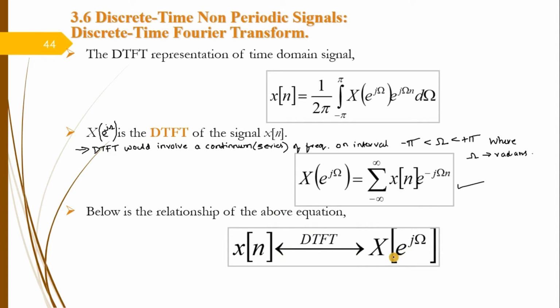By this you should try to identify which particular Fourier representation we are proceeding with. If you represent it in this fashion, then it should be DTFT. FS means there should be k. Remember that. I will take up the comparison of all four Fourier representations tomorrow or after completion of the four representations of the Fourier.